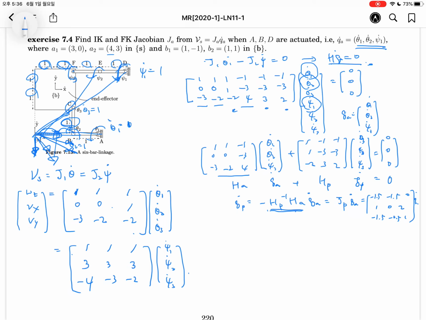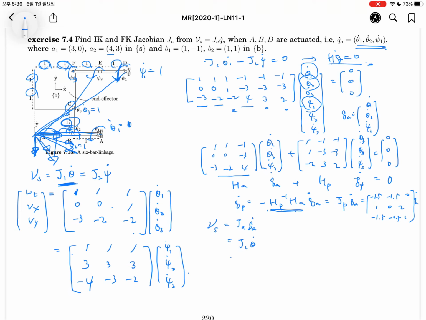Okay, like this we can find out the relationship between the passive joints and the active joints. Okay, let's come back to the twist Jacobian. You get the twist here. I'd like to express this equation using only the active joints. It means J A and Q A dot. Is it right? Okay, it is equal to J1 theta dot from here.